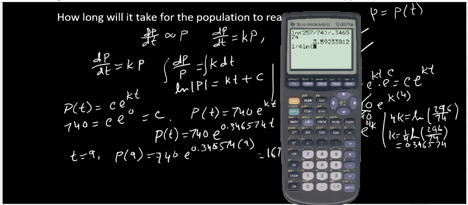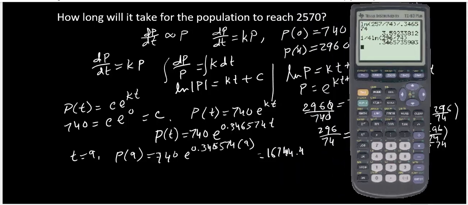Then you have natural log of 296 divided by 74. Hit enter. So that is giving you 0.346574 approximately.